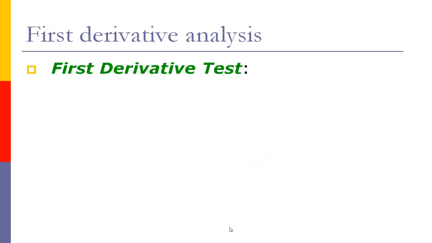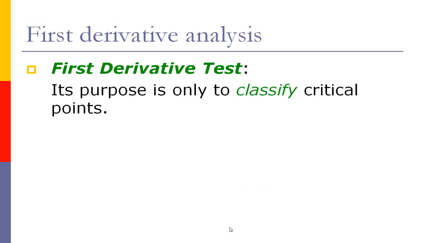Now, there is also something called the first derivative test. This is a classical test. You're probably going to find it in any traditional and commercially available textbook. But this is a limited kind of thing. It's a little bit less than the full first derivative analysis I just mentioned. The first derivative test only tells us how to classify critical points. So it only gives us the last bit of the analysis.